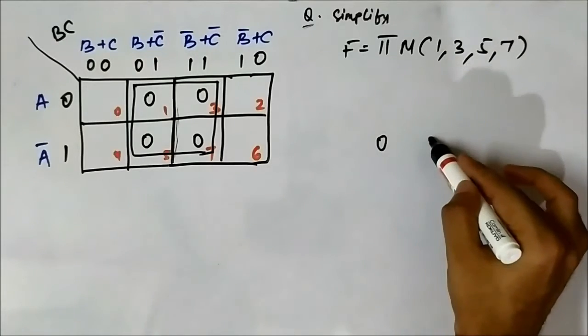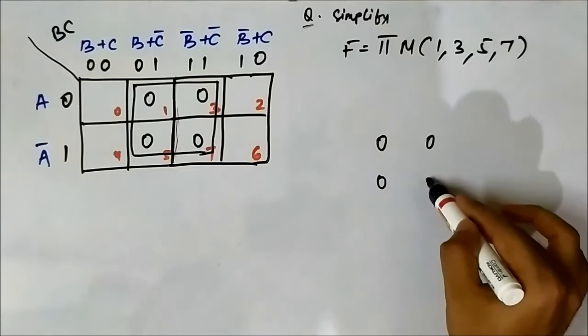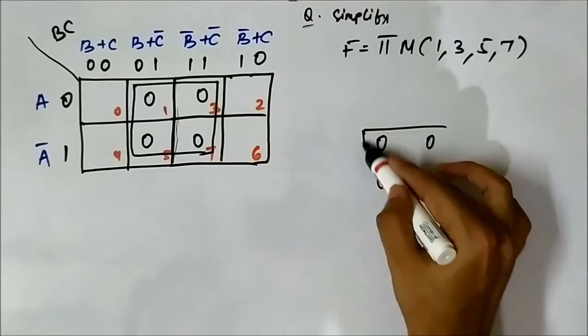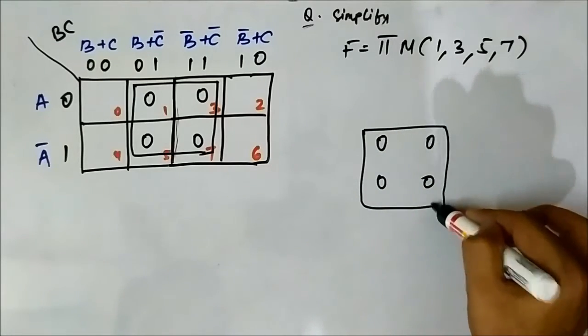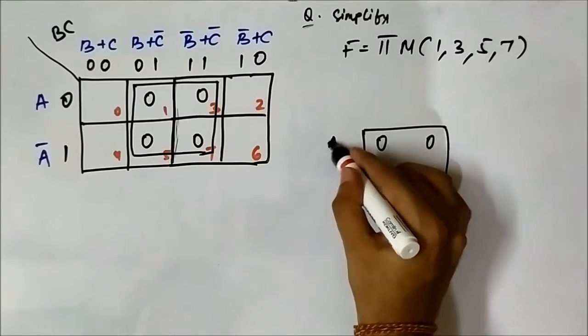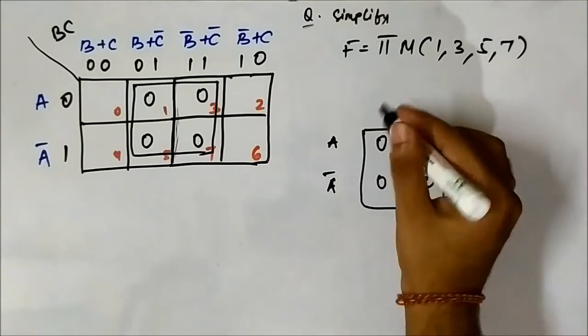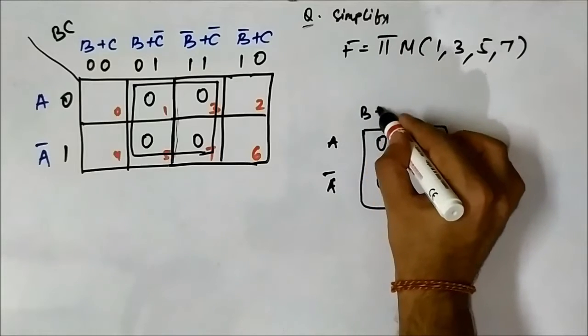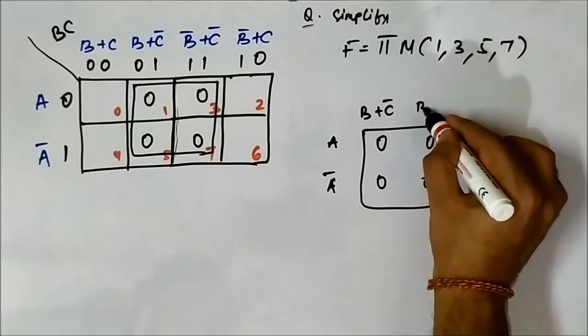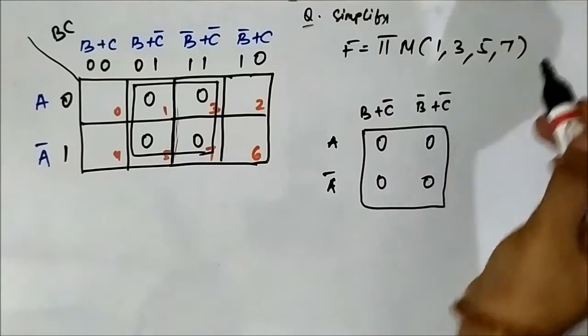Okay, this is A, this is A bar, this is B or C bar, this is B bar, C bar.